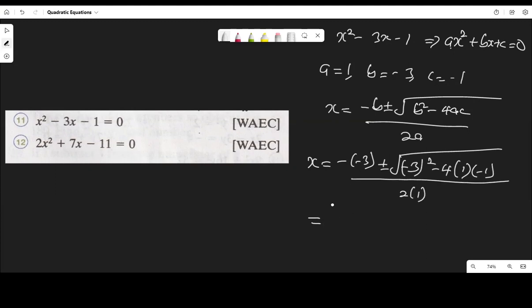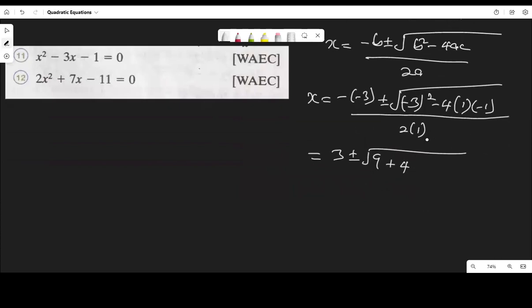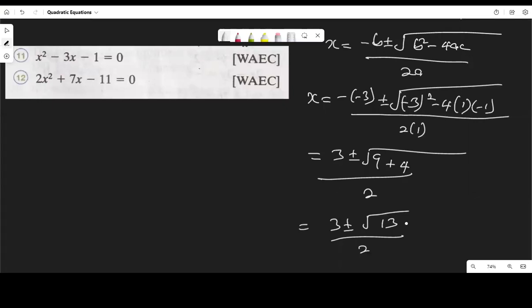Minus times minus is plus, so the square root of 9, minus times minus again plus 4, which is 4 times 1 times 1, over 2. That is 3 plus or minus the square root of 13 over 2. The square root of 13 is 3.61.